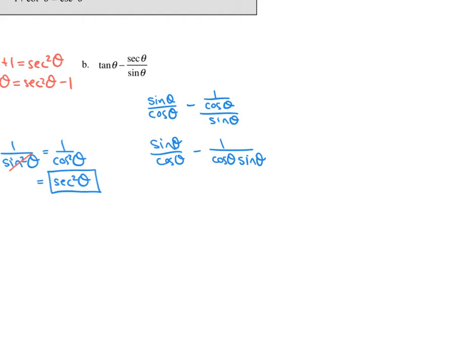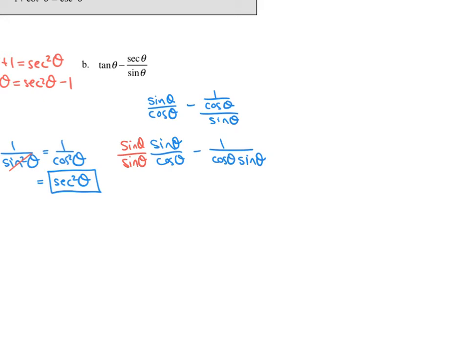To get common denominators, I'm going to multiply this left-hand term by sine theta over sine theta, which is just equal to 1, but that will give me sine theta cosine theta in the bottom.